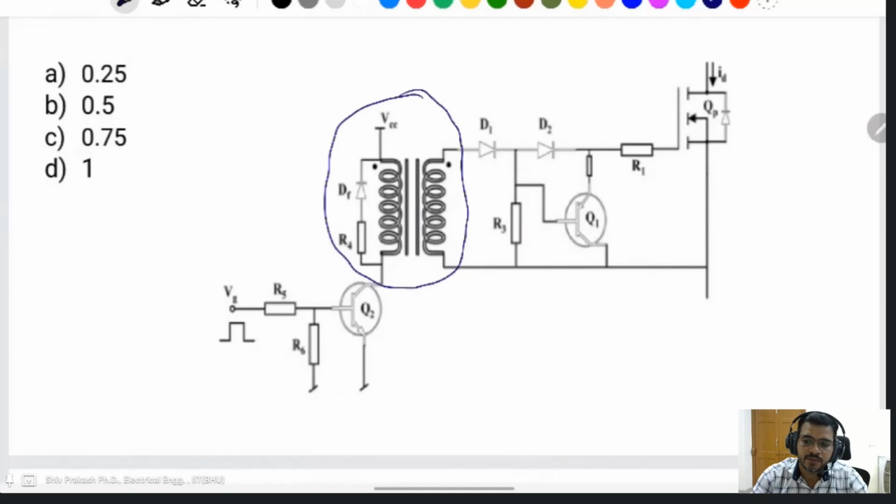A transformer does not work on a DC system or DC voltage, but we have applied only a DC voltage there. Then to work on a DC system, we should balance the flux of the transformer. Flux should be balanced at every point. The charging and discharging flux will be the same.